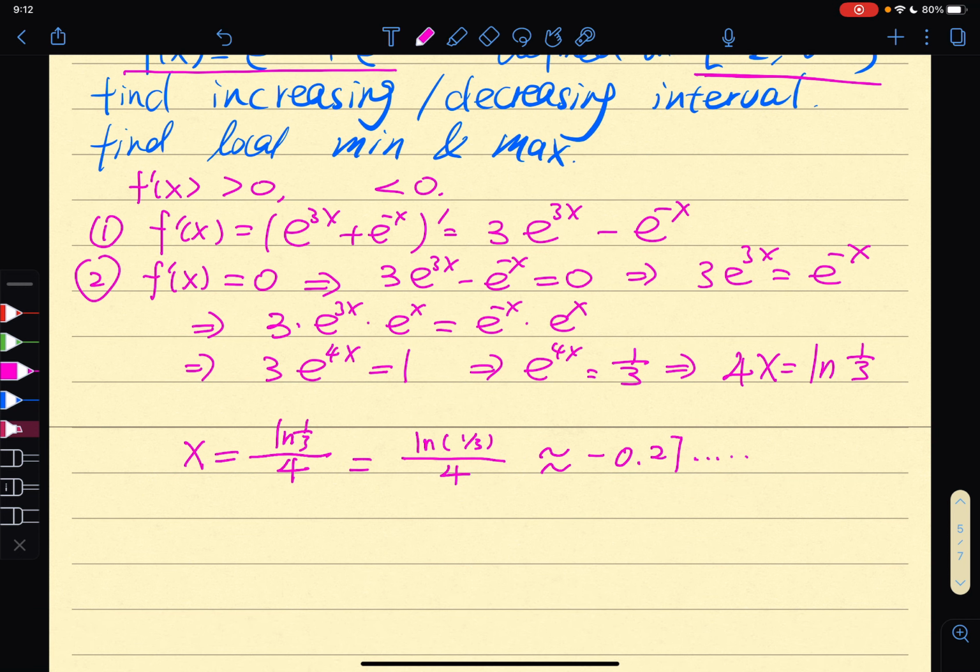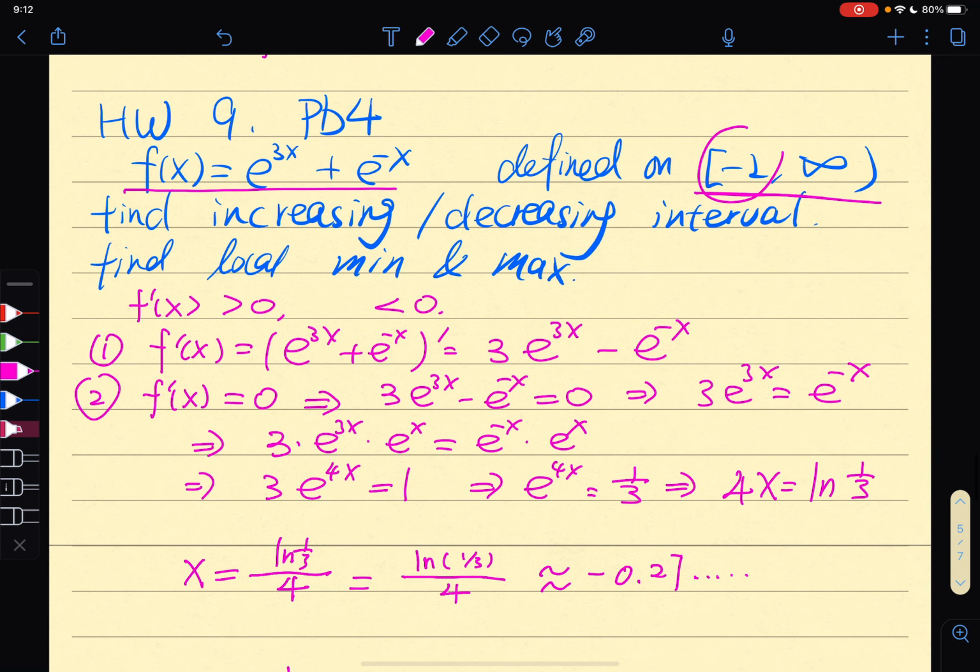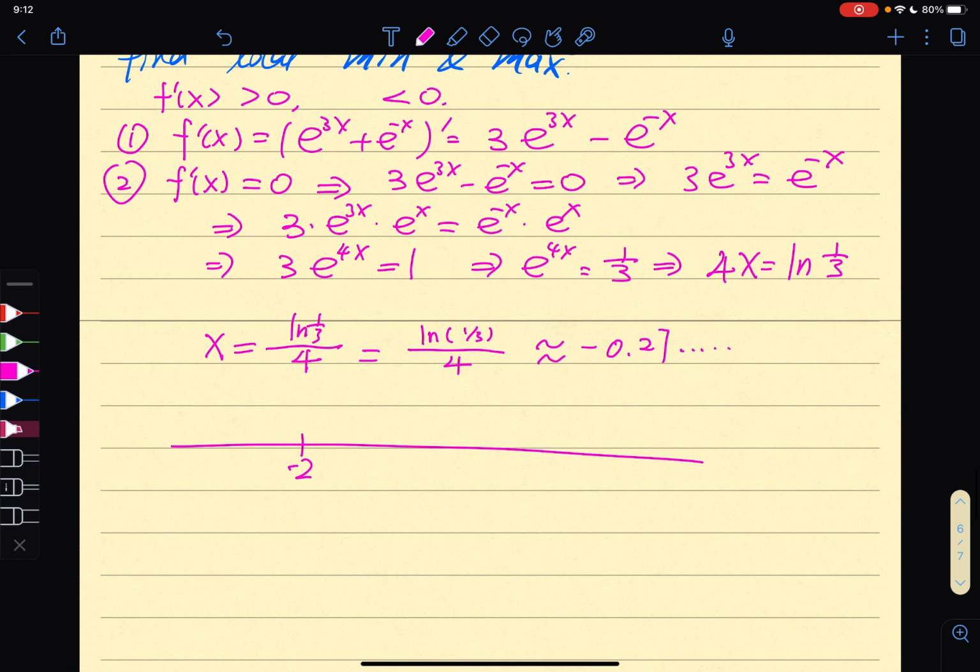Now what I care about is what's going on starting from -2, right? This is starting from -2 all the way to the right. You do realize your function at this point has a derivative of 0. So all you need to know is somewhere here and somewhere here, what exactly is the sign of the derivative. So you plug -1 into your derivative.